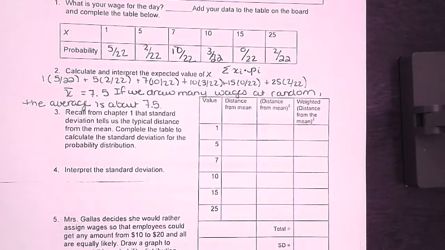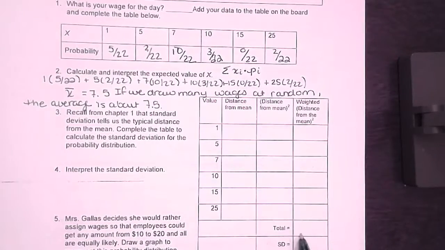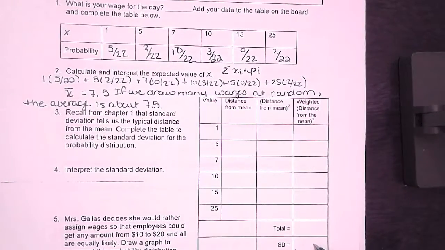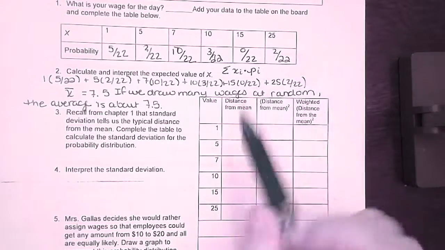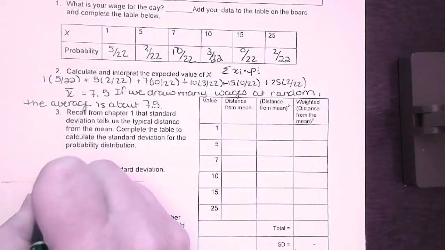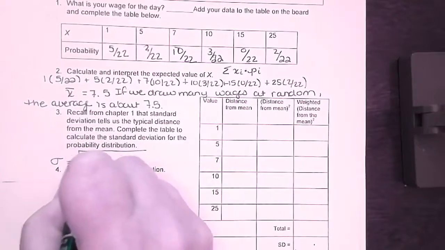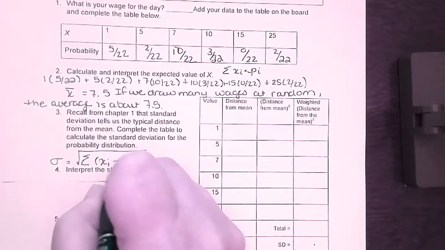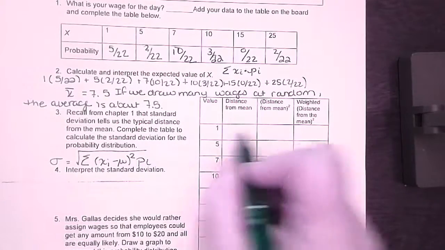Now, what we're going to do is calculate the standard deviation and the variance for this. But I want you to pay close attention, because this is going to be a weighted distance from the mean because we're dealing with probability. So for the standard deviation, remember our formula is the sum of the difference between the X value and the mean squared times the probability that matches up with that value.